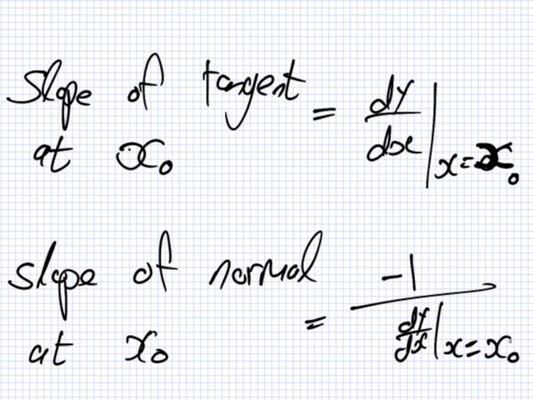No, let's not do 0, that's too easy. Pi over 3, which would be somewhere like here. Pi over 3. Okay, try this one for me.